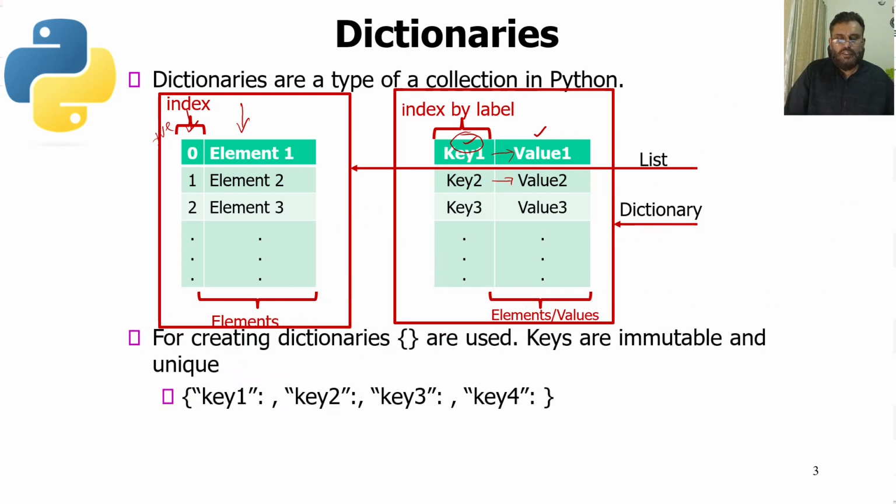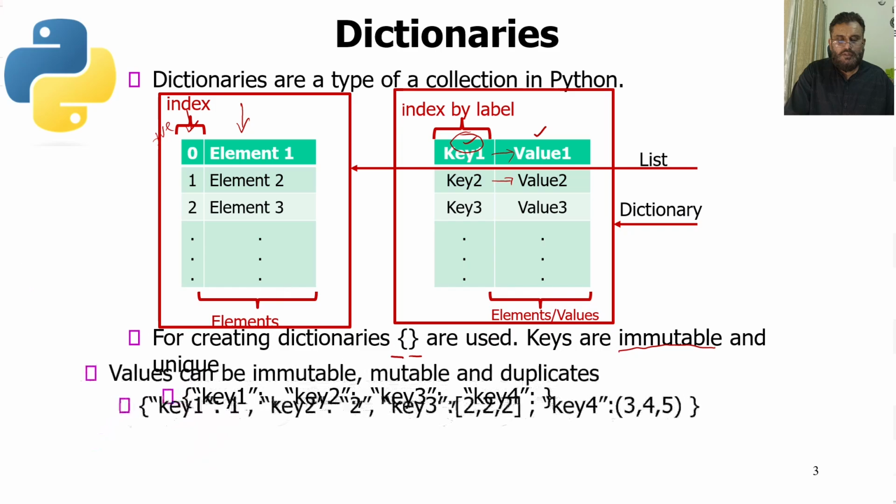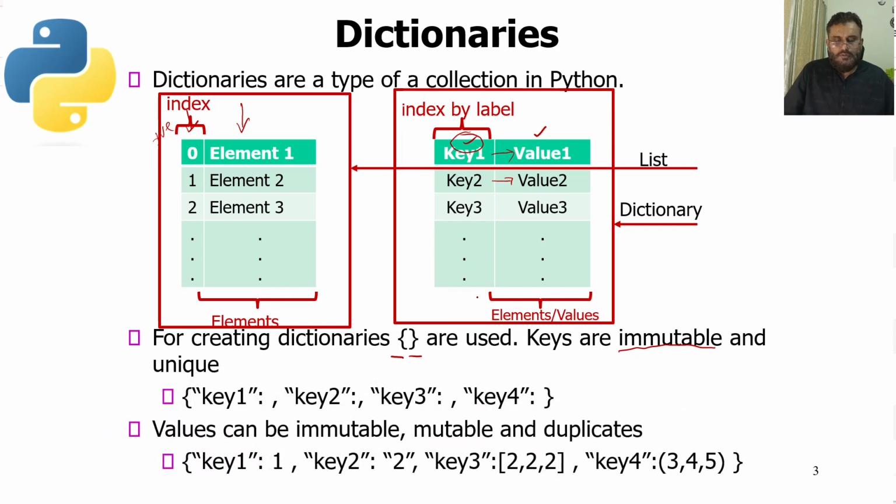So if we want to create a dictionary, we can do this by enclosing key value pairs inside these curly braces, and keys are immutable. What does that mean? That we cannot change the keys once they have been used inside a dictionary. So the values are separated by a colon from the key.